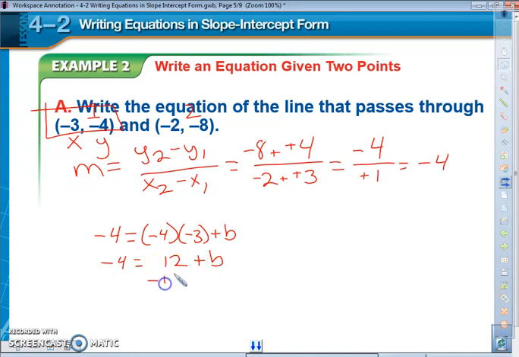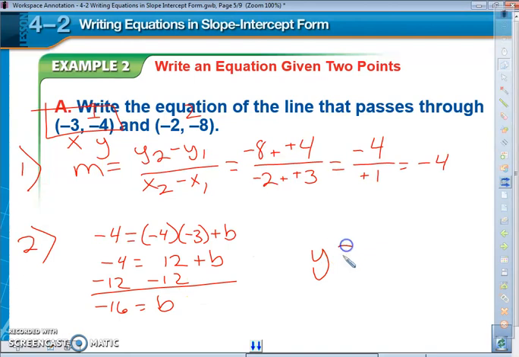All right, I'm going to subtract 12 and subtract 12. So -16 is b. So if you're given 2 points, step 1, find the slope. Step 2, do the exact same thing we did on the other ones. And we're going to come up with y equals -4x minus 16.